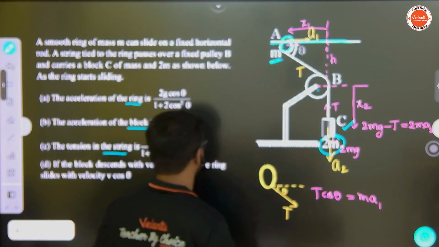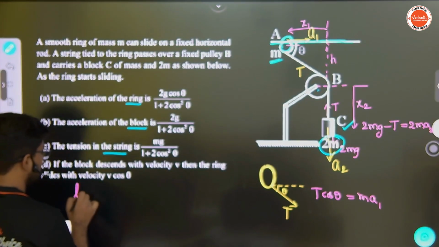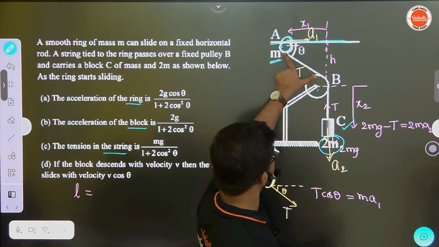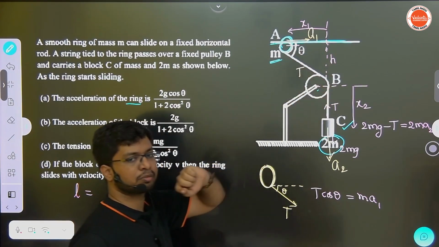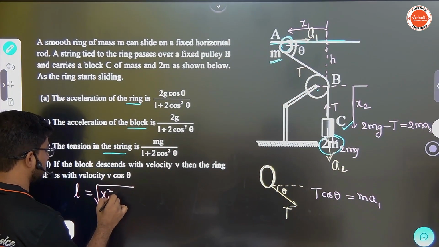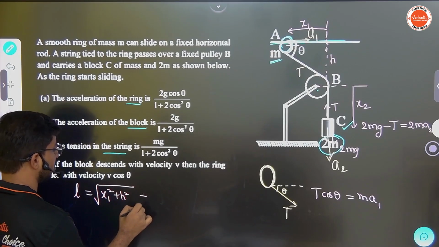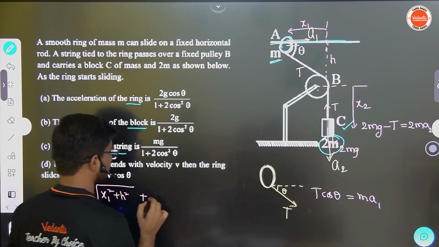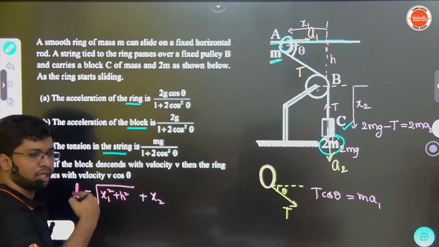Now what will be the string length here? Total string length L is equal to, what is this length? Under root of x1 square plus h square, plus what is this vertical length? x2. Let us differentiate this.